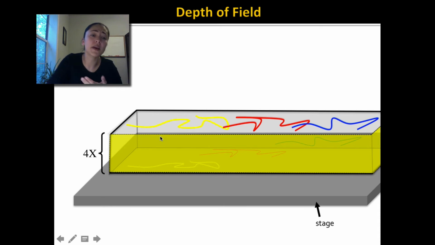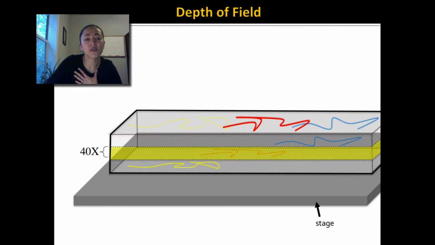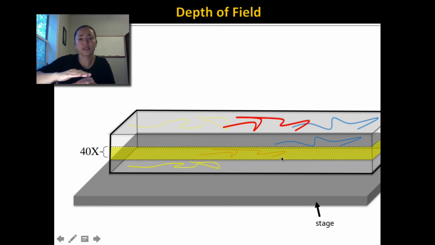As I increase my magnification, look what happened. I increase to 10x. Now only 2 of my threads are in focus. My depth of field, the area in the three-dimensional space that's in focus, has decreased. If I increase my magnification even more, so I'm at 40x, now only 1 thread is in focus at a time. My depth of field decreased.